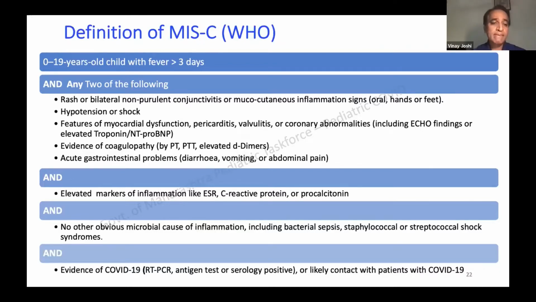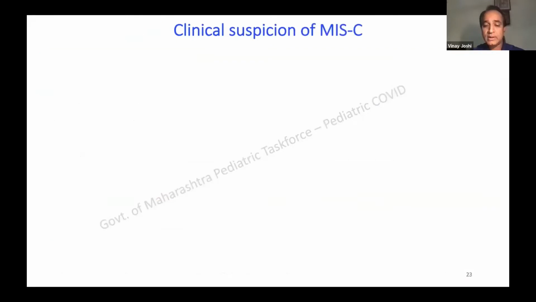And the child needs to have evidence of COVID-19 infection in the form of a positive RT-PCR test or serology, or likely contact with patients with COVID-19. Now, this child had a history of COVID-like symptoms 4 weeks ago, and there was a definite contact with the father who had COVID-19 infection.